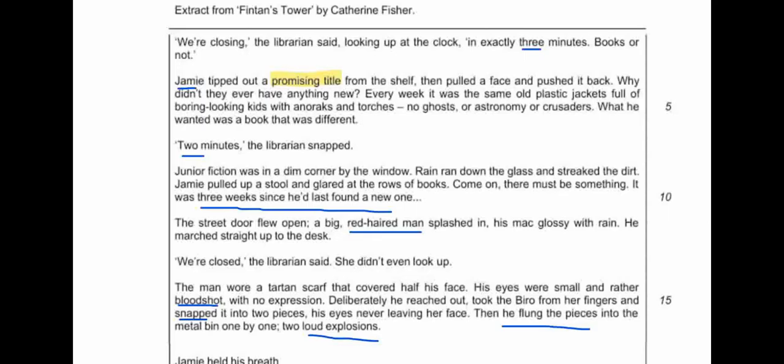Next. Question 2. Why does the writer use a dash in line 5? Let's check line 5. Here we go. Line 5 says: boring looking kids, the same old plastic jackets full of boring looking kids with anoraks and torches, no ghost or astronomy or crusader.